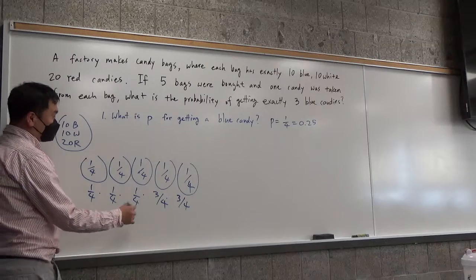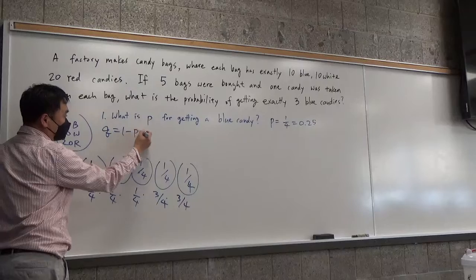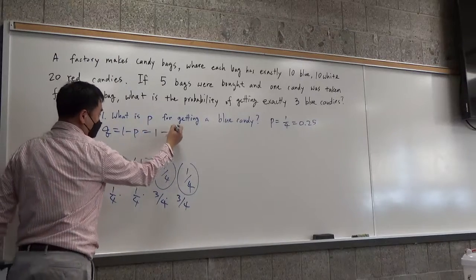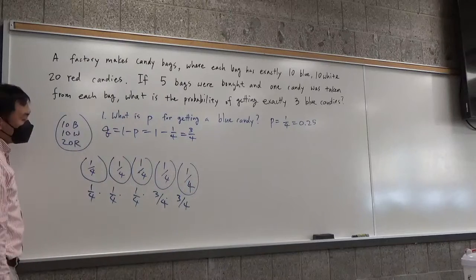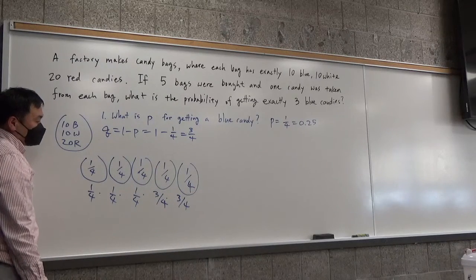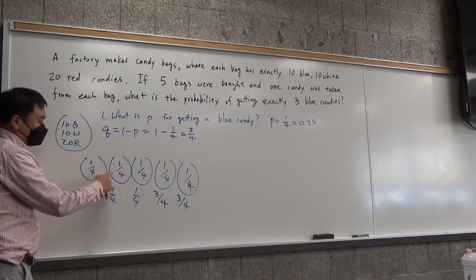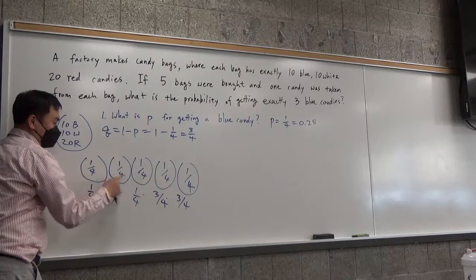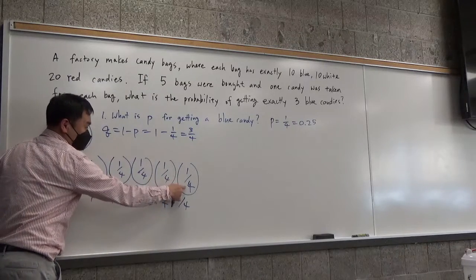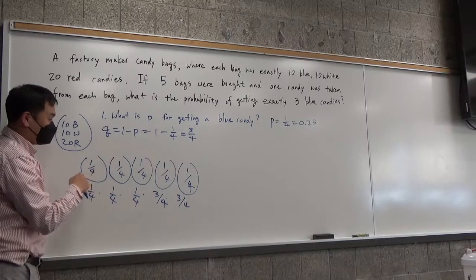Where 3/4 is what we call Q. Q is 1 minus P, which is 1 minus 1/4, which is 3/4. And it could also be that the blues can be from the first 2 and then this one, right? Or it could be first 2 and then this one. So you have many different ways that you can have a blue.